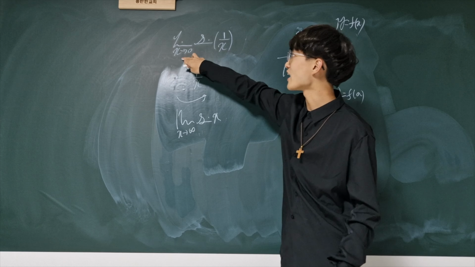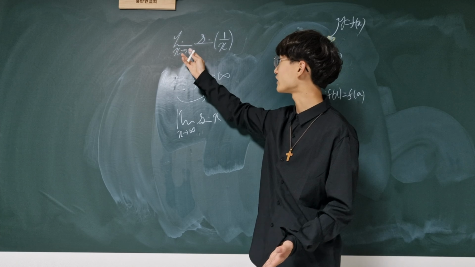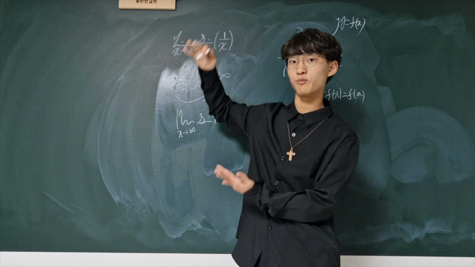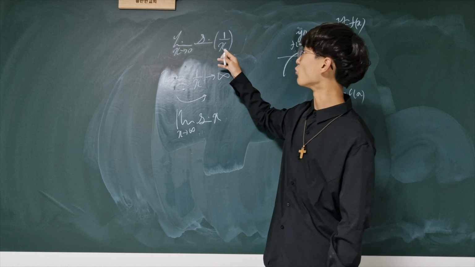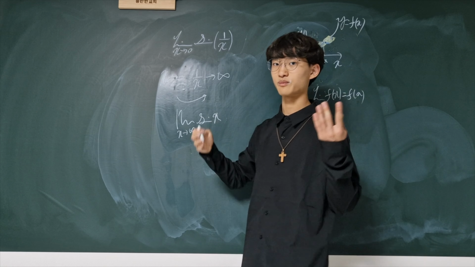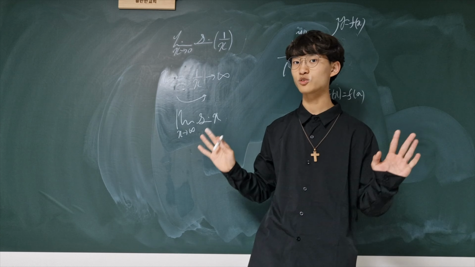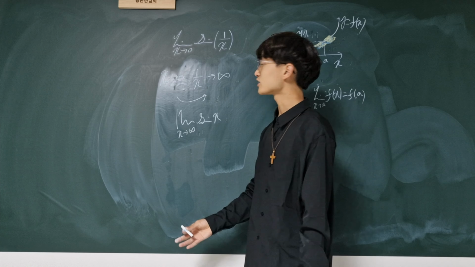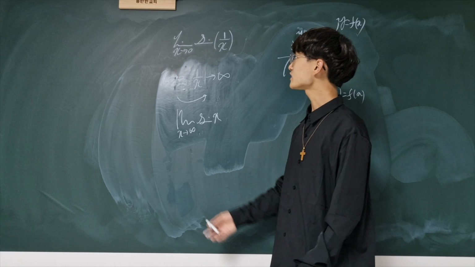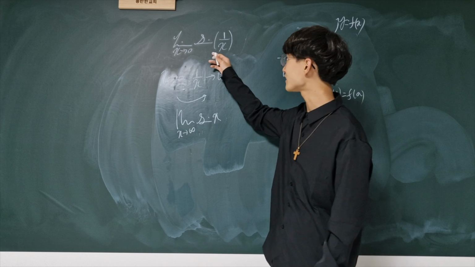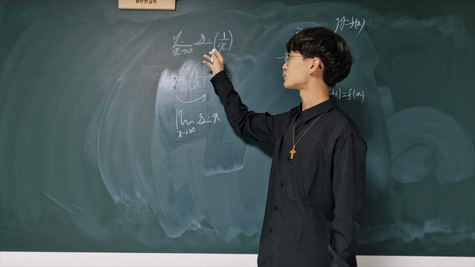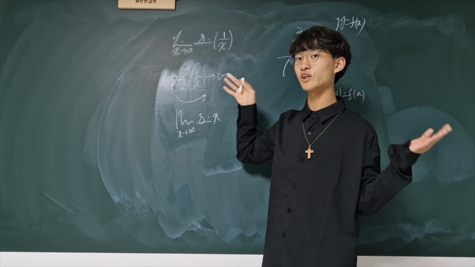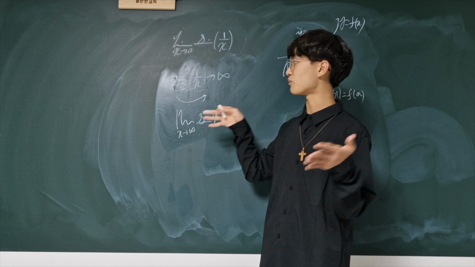So what is happening to the sine graph as the value that you're plugging in is getting bigger and bigger? When you plug in 1, it's 1. 0.1, it becomes 10. 0.01, 100. 0.001, it becomes 1000. So it is basically asking what is happening to the y value of the sine function as the value that we are plugging in is getting bigger and bigger.